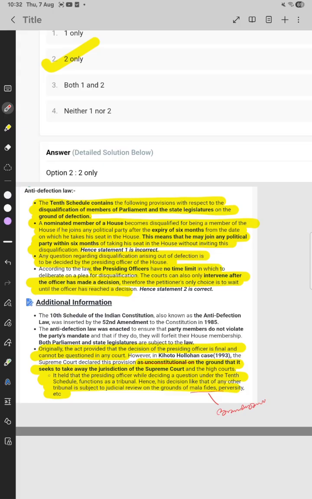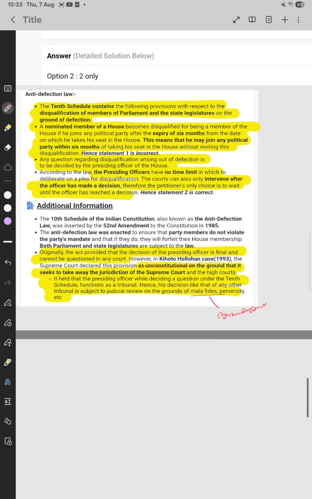Any question regarding disqualification arising out of a defection is to be decided by the presiding officer of the house. According to the law, the presiding officers have no time limit in which to deliberate on a plea for disqualification. The court can also only intervene after the officer has made a decision. Therefore, the petitioner's only choice is to wait until the officer has reached a decision.